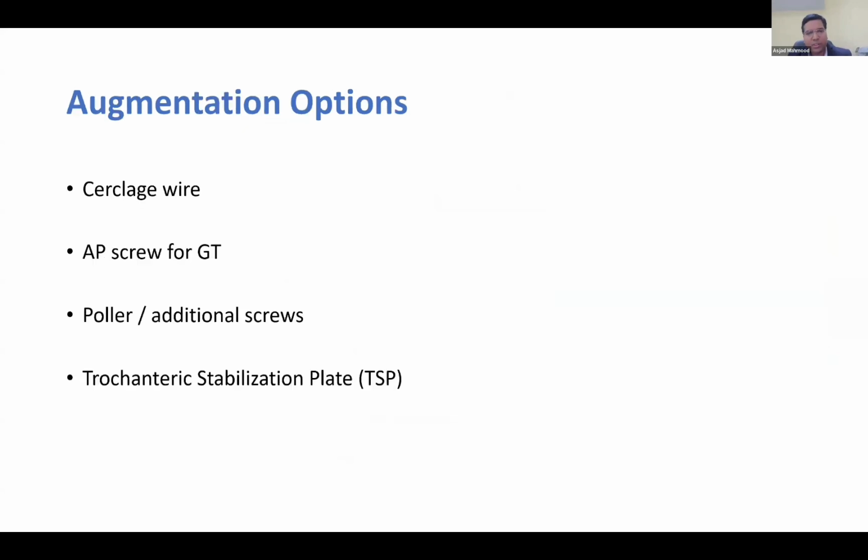What are the options for augmentation? Commonly used options are cerclage wire, or anterior-posterior screws for holding the sagittal split GT fragments. Polar screws or additional screws can also be used, or a trochanteric stabilization plate. If we are using DHS, then a trochanteric stabilization plate is usually needed for these unstable varieties of IT fractures.